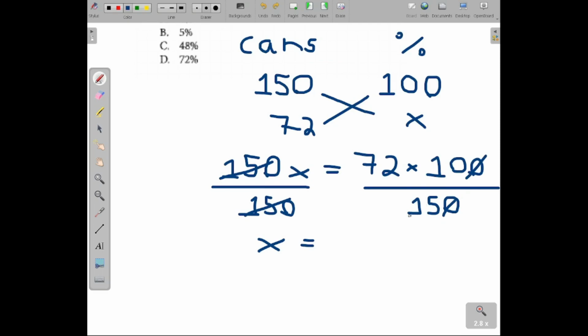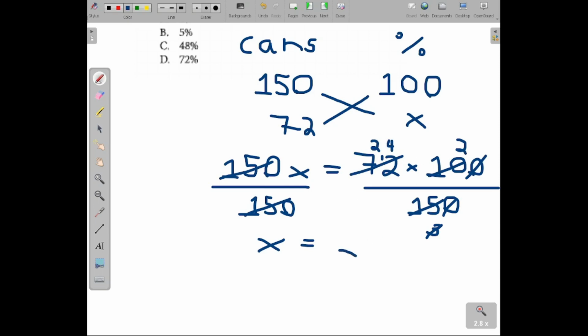Now 15 divided by 5 is 3. 10 divided by 5 is 2. We can divide by 3. This is 72, which is equal to 2 to 24.